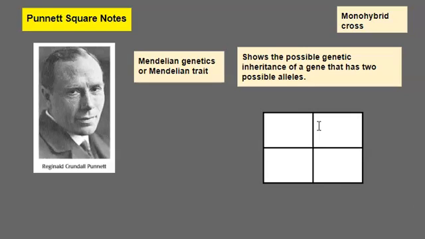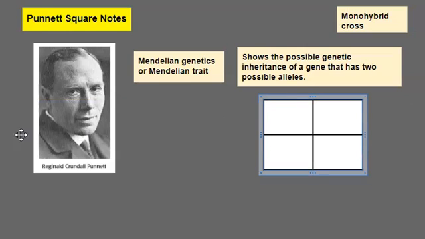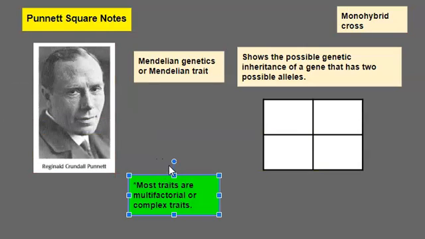your picture. But before I do that, I want to also recognize that we start looking at Mendelian genetics because they're the easiest to understand. But in real life, in the actual world, almost all the human traits, the majority anyway, are called multifactorial traits or complex traits.